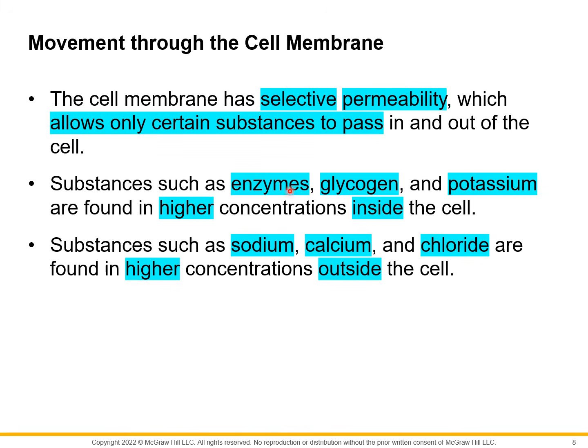And the next substances such as sodium, calcium, chloride, these ones are in higher concentrations on the outside of the cell. So yung space sa labas, yung extracellular fluids, no? Those are the areas wherein we would most likely find these types of salts. So sodium, calcium, and chloride.